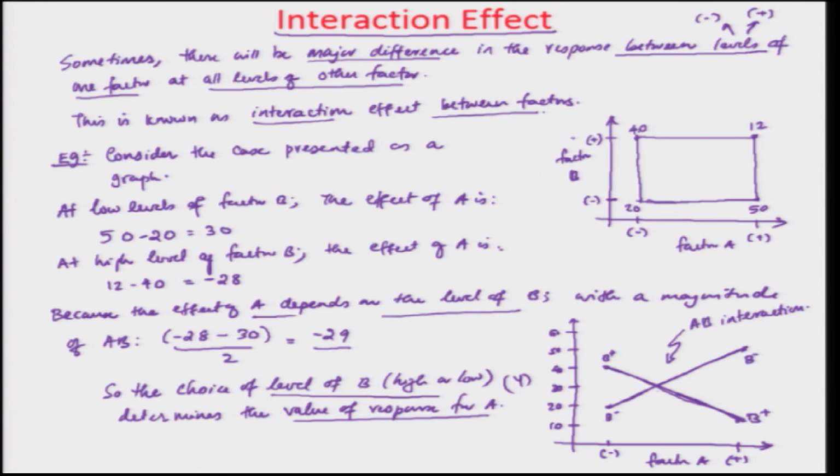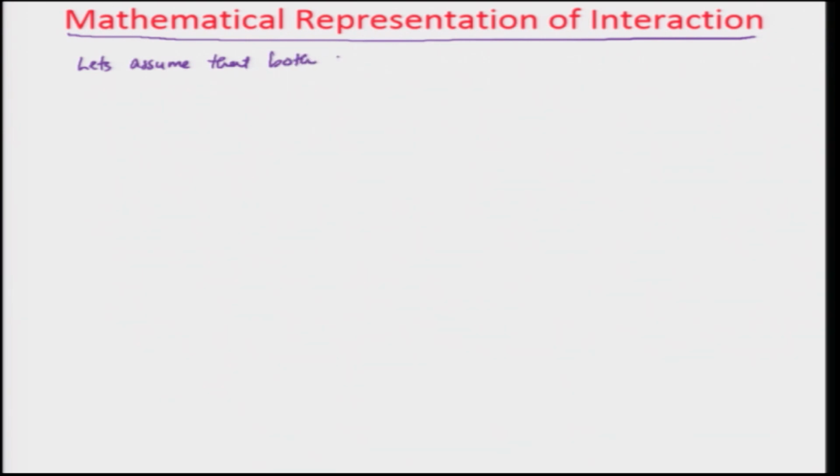Okay. Now, with this, we will move towards how we mathematically represent an interaction, or how an interaction actually gets represented. So, the most important thing is, let us assume that both factors A and B are quantitative.